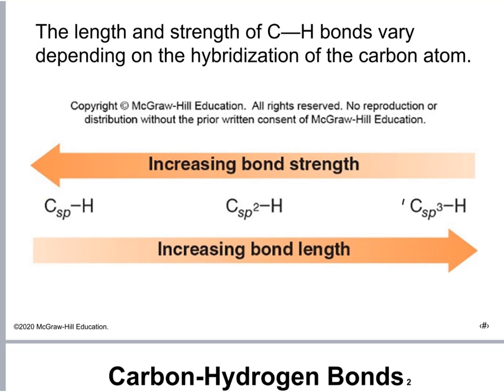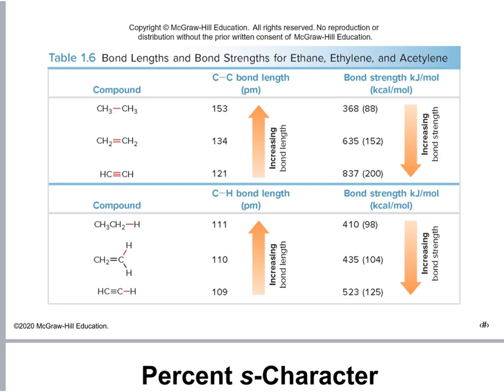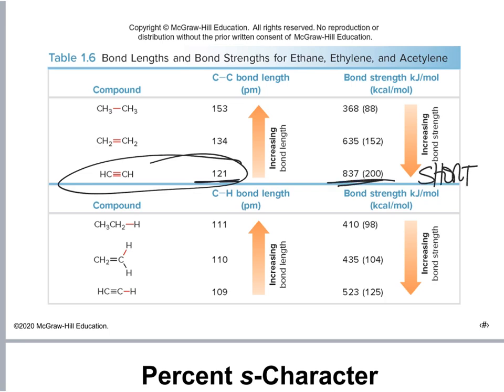And this one's going to be your alkane. Like I said, I don't worry about that so much, but I do just memorize that the short and strong are your triple bonds, so they're going to be shorter and they're also going to be stronger. So just remember short and strong.